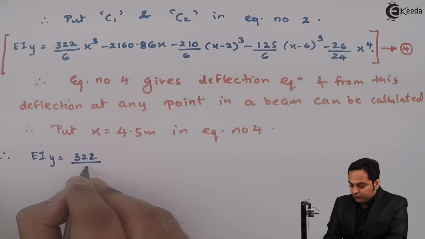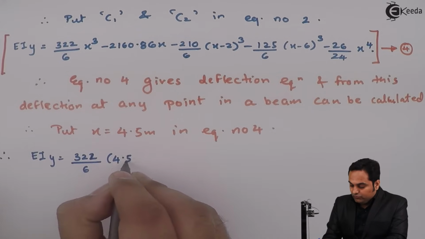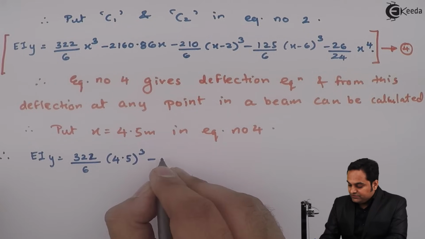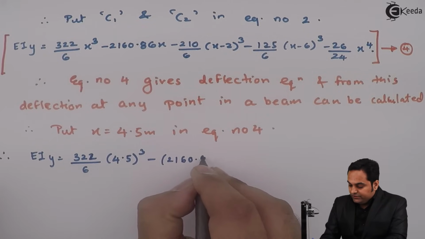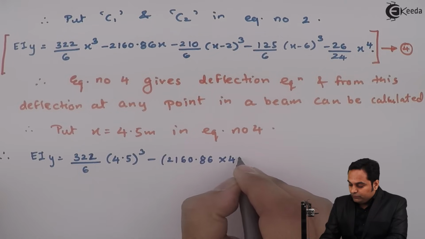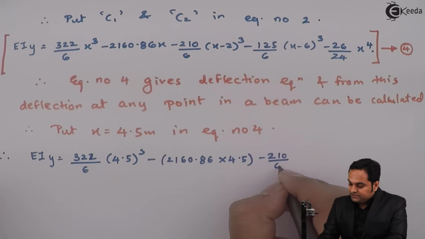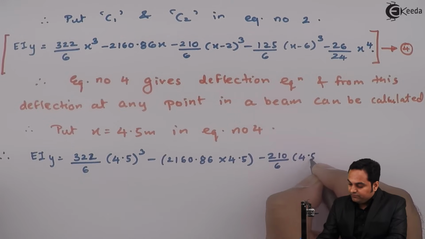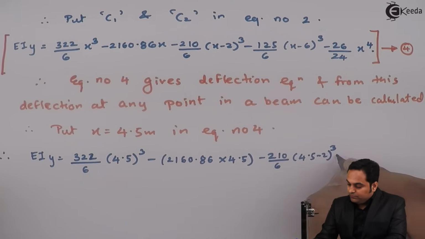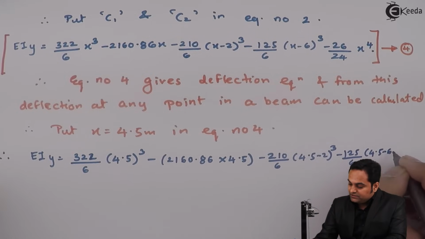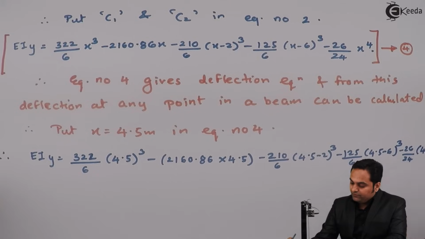This is 322 by 6. Here we have 4.5 cube minus 2160.86 into 4.5 minus 210 by 6 into 4.5 minus 2 cube minus 125 by 6, 4.5 minus 6 whole cube minus 26 by 24, 4.5 raised to power 4.